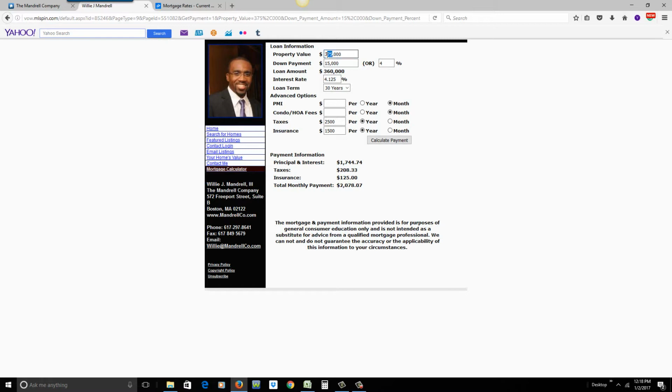So maybe 360 is where you really want to be. Maybe you're looking at homes in the 375 range with the idea of possibly negotiating your way down to 360, hoping to land a total payment of no more than $2,000 a month where you're comfortable.